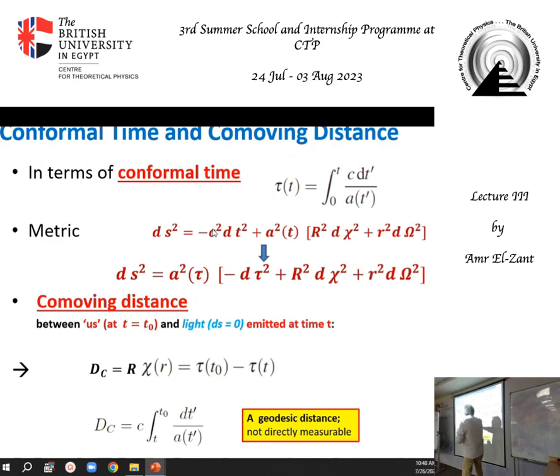So look at the co-moving distance between us at time t naught, now, and somebody or something that emitted light at time t. It is the difference in conformal times, and it's an invariant geodesic distance.